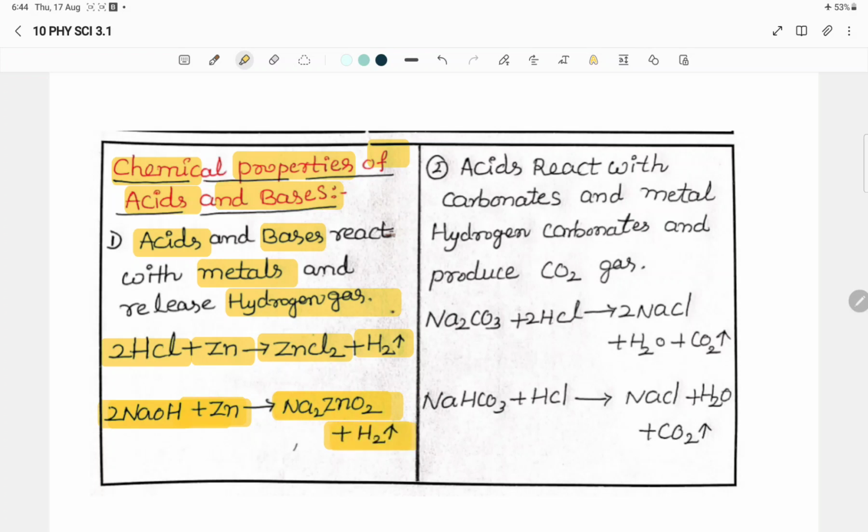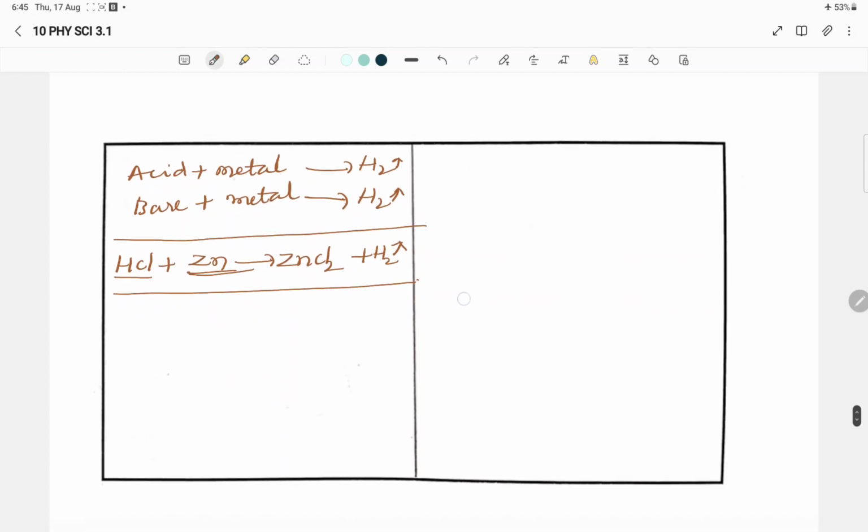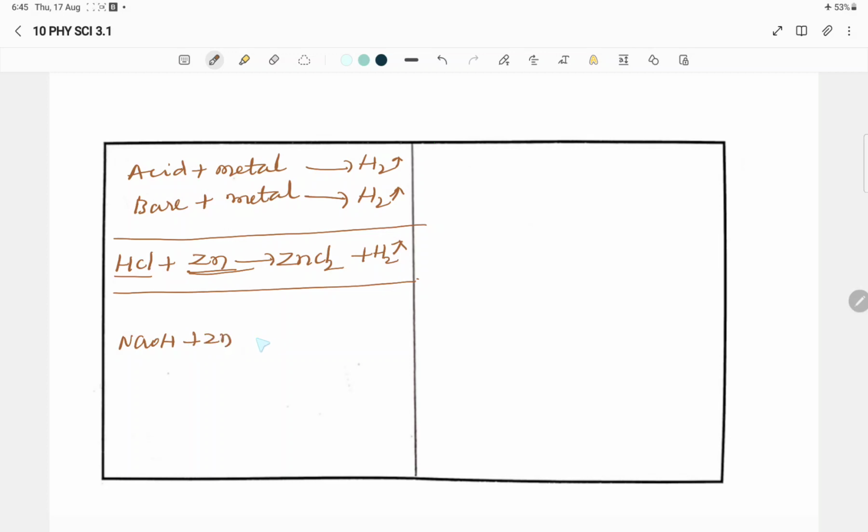Here also hydrogen gas is released. This reaction is the example of bases with metals giving hydrogen gas.